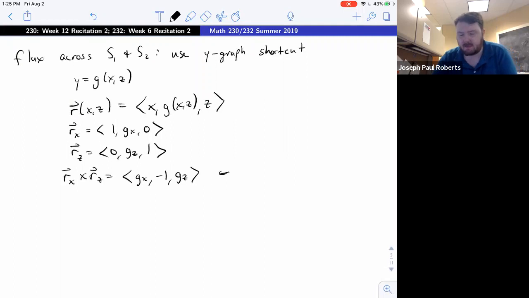And notice that this, I guess it's because I cross K is minus J, this is sort of the negative Y direction.